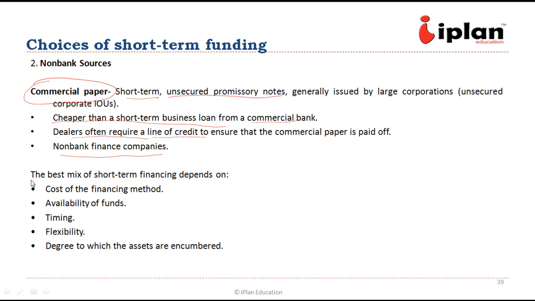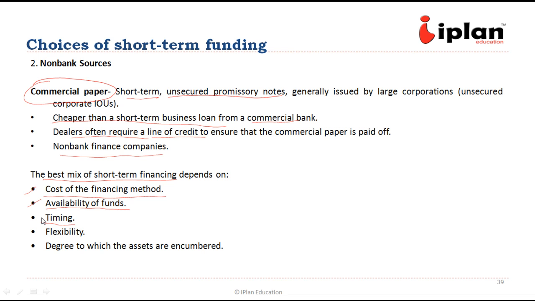Now there are certain parameters which are important to create the best mix for short-term financing. The first is cost of financing method. For every firm, the cost of financing will be different for different instruments. So it should go for where the cost is minimum. Then availability of funds which are already there with the company. Timing, when a liability is to be met.